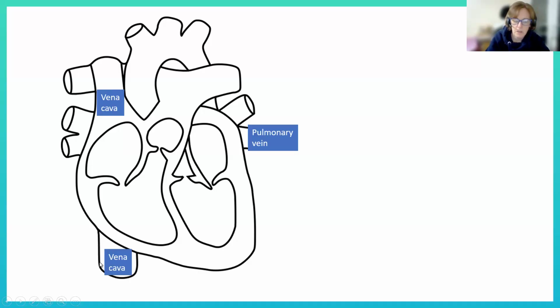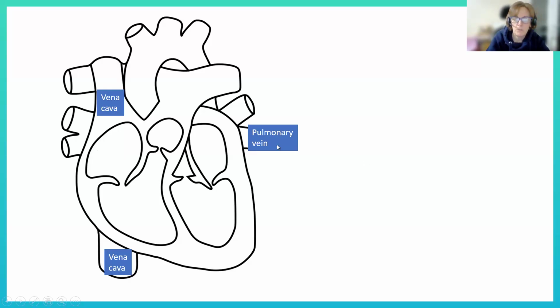So that's coming from the legs and everything below the heart, you know, the abdomen. And this is coming from the top of the body. So that's coming from your head and your arms and, you know, your shoulders, things like that. They both join together and they merge here. They both come in here. And this is the top chamber of the right-hand side.